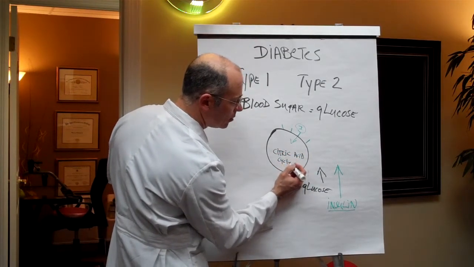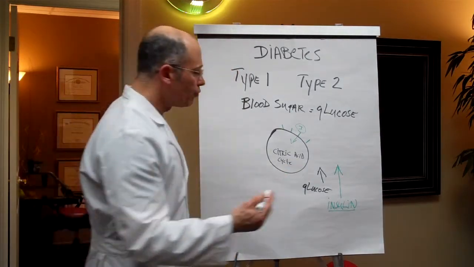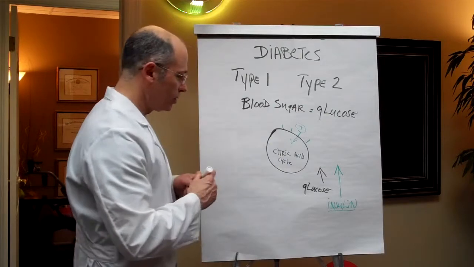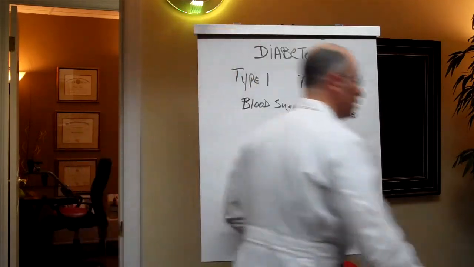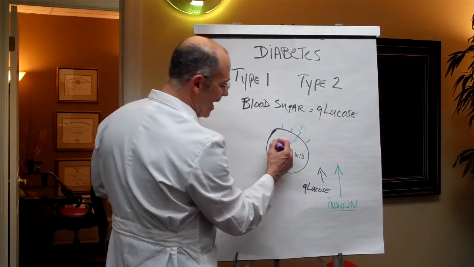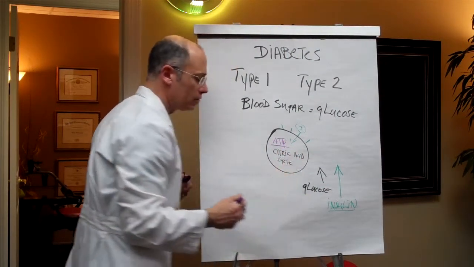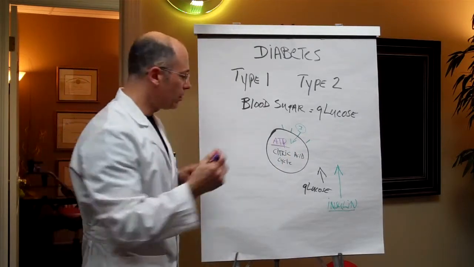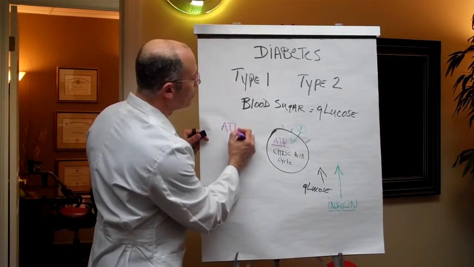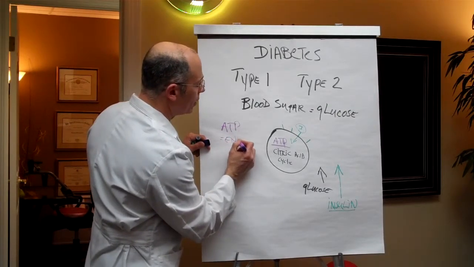Citric acid cycle, and basically the end result is that it's going to produce an ATP molecule. The ATP molecule is our energy molecule.